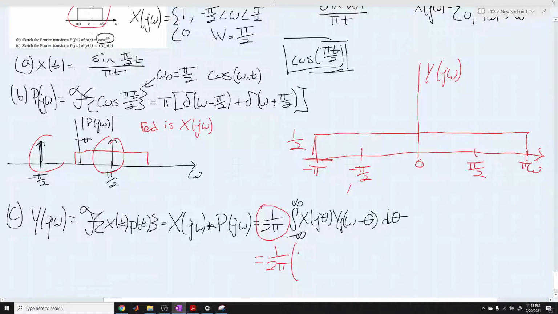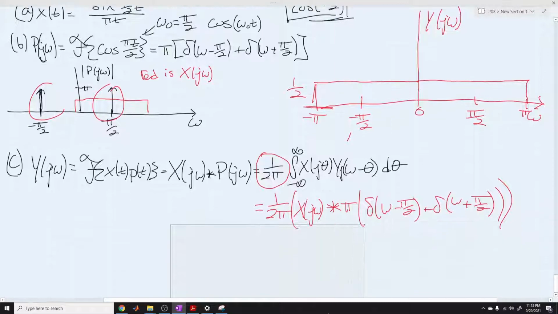So it's X of j omega convolved with, and we can write out these delta functions. We have pi times delta of omega minus pi over 2 plus delta of omega plus pi over 2.